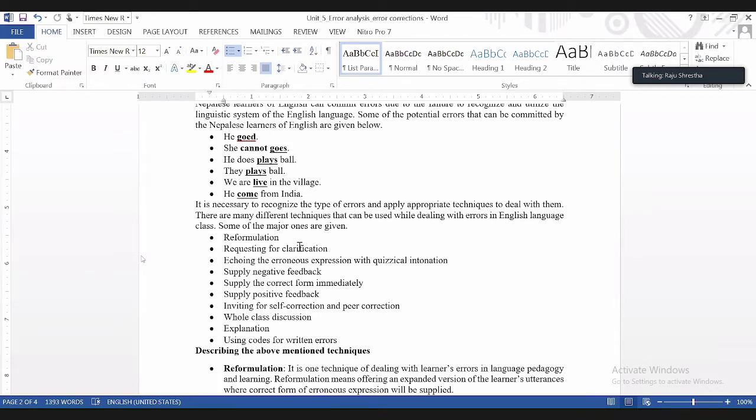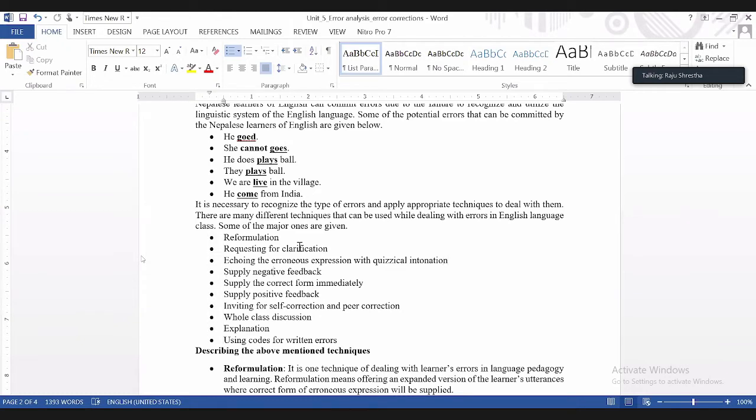When I show confusion, we will review the sentence, the word or the phrase produced by the learners. Then equating the erroneous expression with quizzical intonation, using question-type intonation, like "he has", as we did earlier. This kind of intonation we can use to help learners think and review the expressions produced.